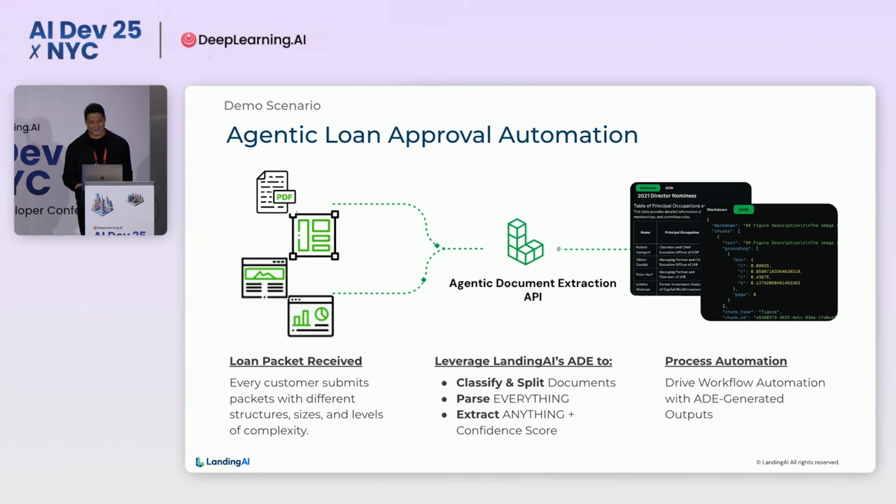So before we jump into the demo, let me set the stage with a very, very real scenario. A loan officer can receive a combined loan packet, which can include things like pay stubs, W-2s, bank statements, IDs, and more in a single PDF. So today, an analyst might have an OCR or may leverage some open source tools to potentially automate this, but it's not 100% traceable or accurate.